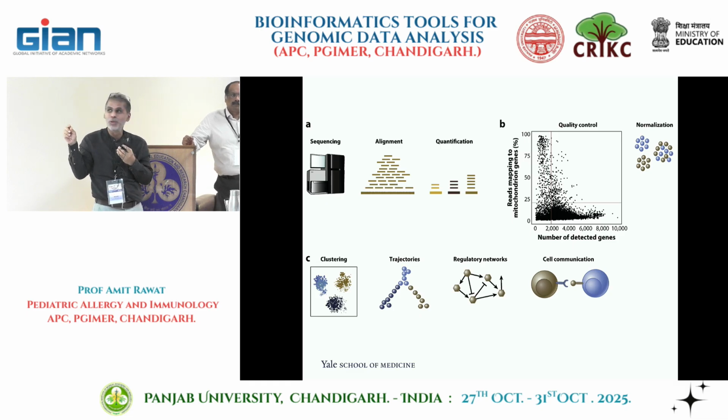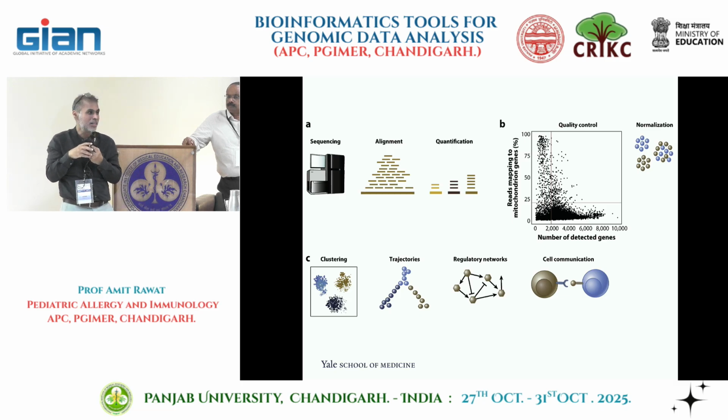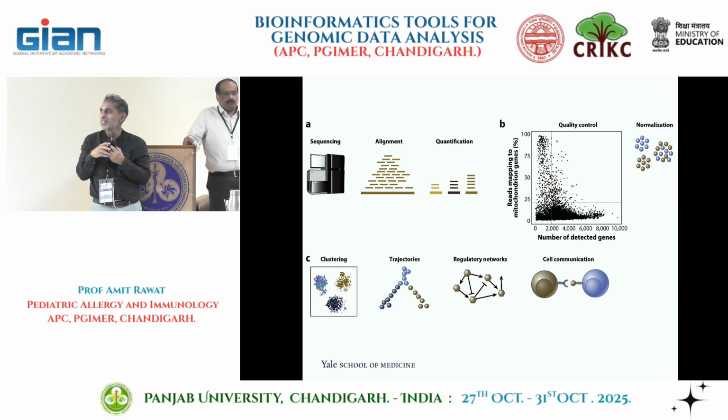You can also look at regulatory networks. So these are some of the applications of single cell transcriptomics: clusters, trajectories showing what cells are derived from which cells, regulatory networks, and cell-cell communication.